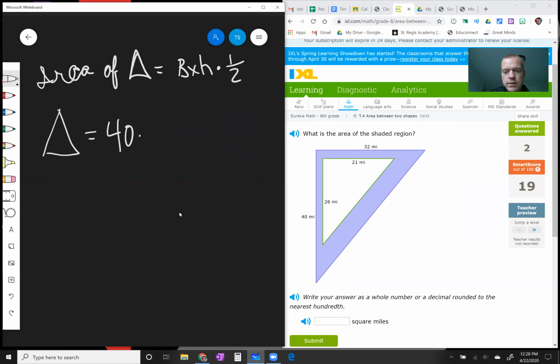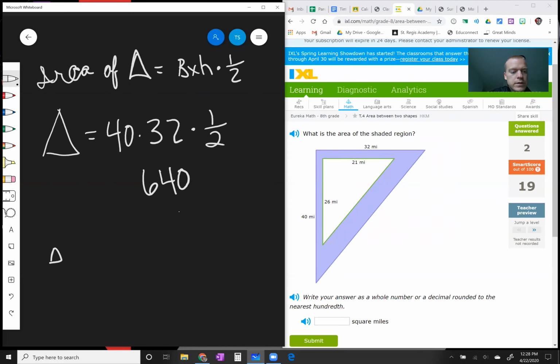Because that's my height. Base is 32 times 1/2. Okay, so 40 times 32 times 0.5, 640 is the big triangle.